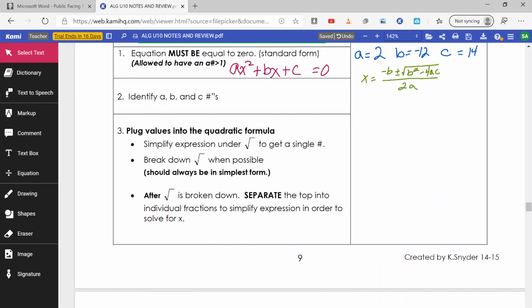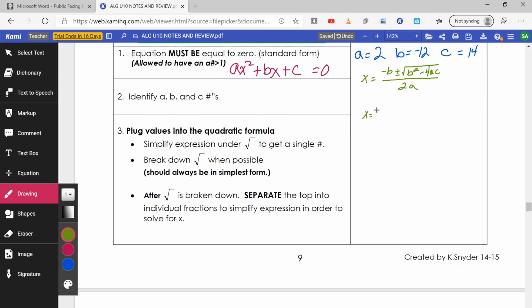So negative b means we have x equals the negative value of negative 12 plus or minus the square root of b squared, so negative 12 squared, minus 4 times a, which is 2, times c, 14, and that is all over 2 times a, so 2 times 2.